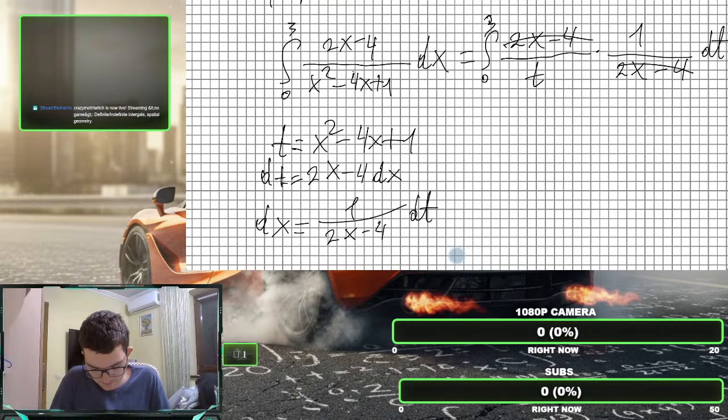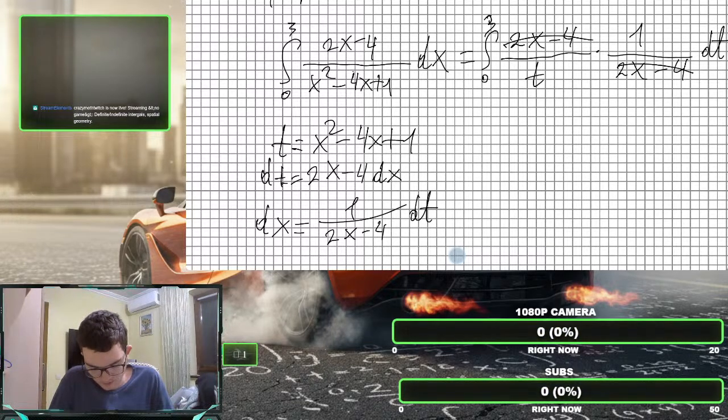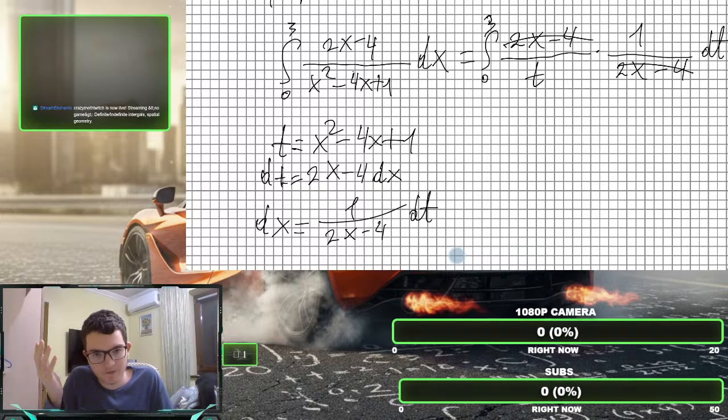Solve with use substitution. Definite integral. Basically I said solve with use substitution, and it's saying provide the definite integral. It was like the previous one. What do you mean?